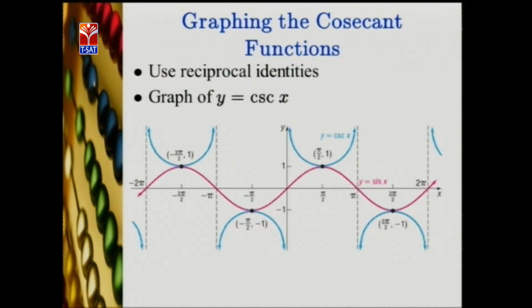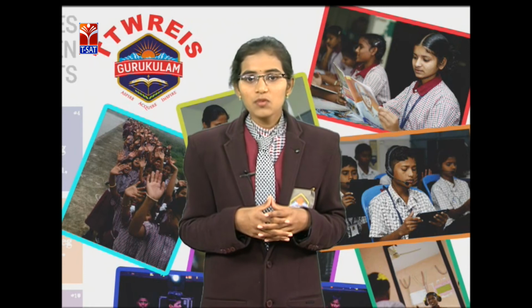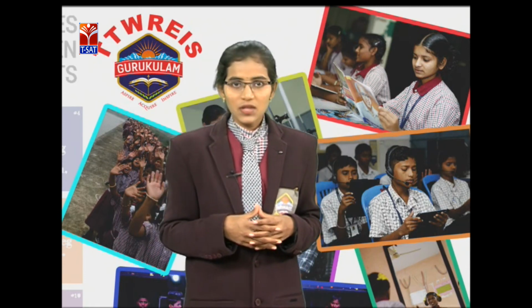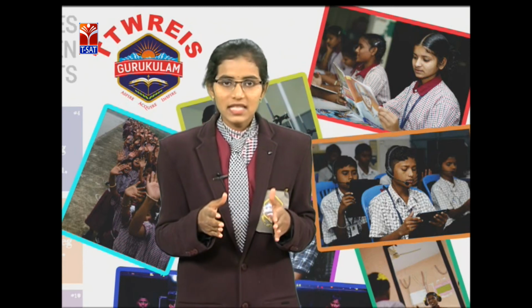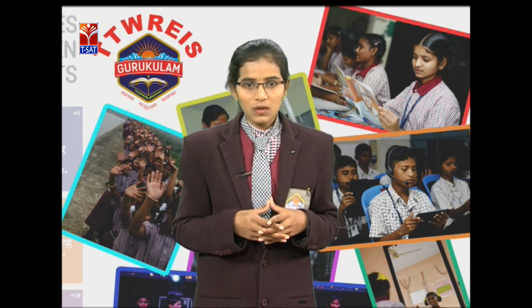But the domain of this cosecant function is all real numbers except at every integer multiple of pi. So the domain of this cosecant function is all real numbers except integer multiples of pi. And the range of this cosecant function is all real numbers except the minus 1 comma plus 1.